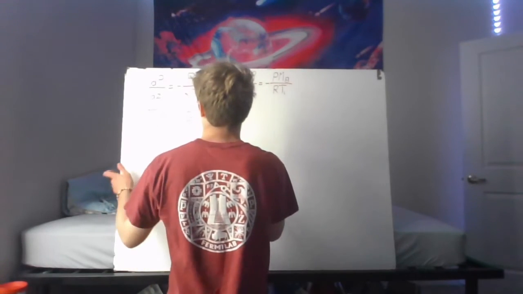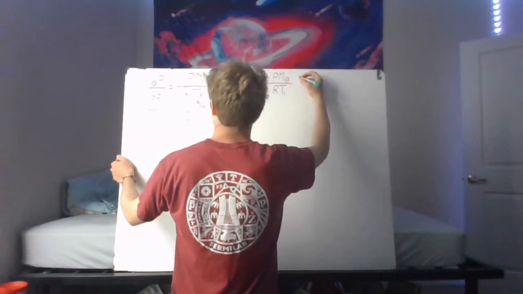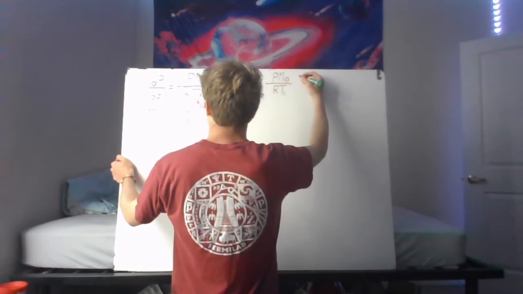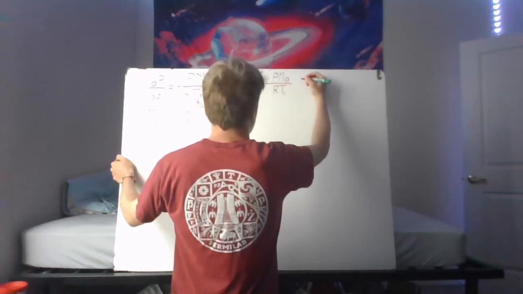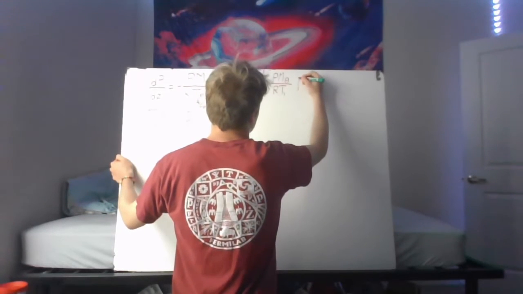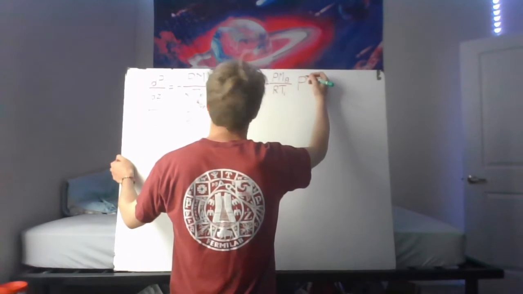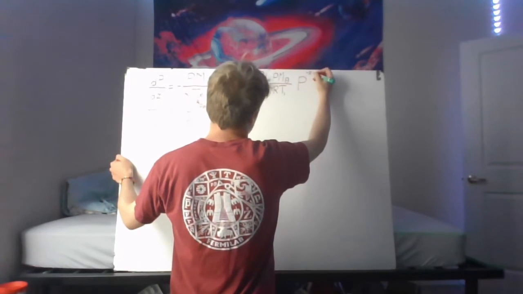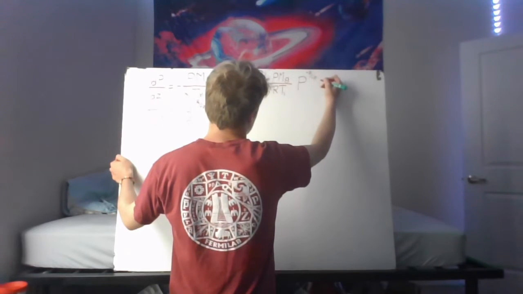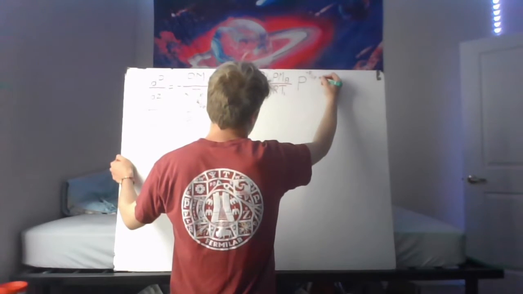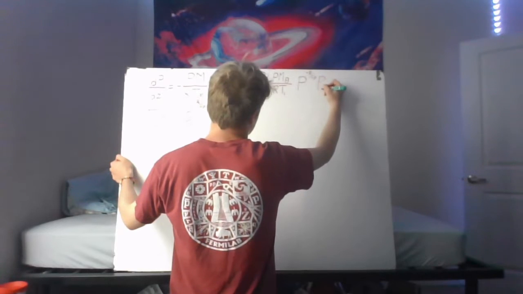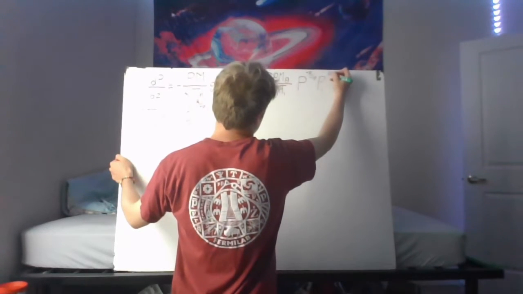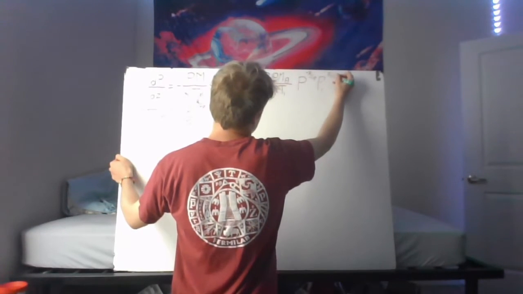And then for these, I'm just going to leave these P's out here. So for P, it will be to the negative R over Cp. And then P1 will just be to the R over Cp.